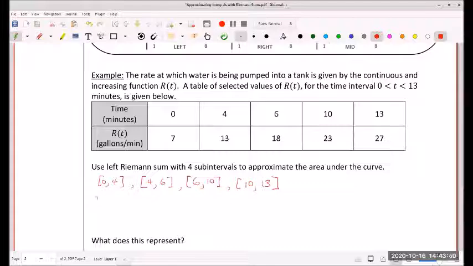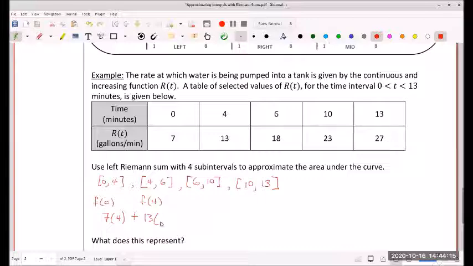So in this case, we'll do f of 0, which is equal to 7. So 7 is the height of the rectangle. That's given by the value of the function. And the base of the rectangle is 4, right? 4 minus 0. And then we'll add that. In this case, we'll use the f of 4, and f of 4 by the table is 13.